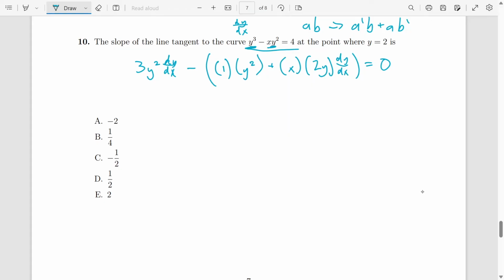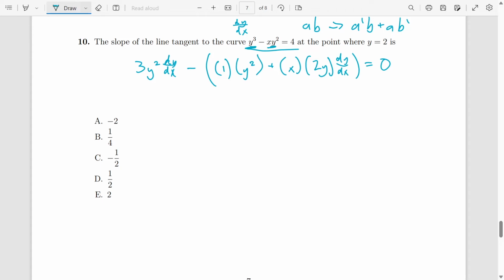Now what we want to do is plug in values for x and y and then solve for dy over dx, and that'll give us our answer here, our slope. The problem is that we only have a value for y. We don't have an x value. Really easy thing though, we can just plug in 2 into the original equation and get our x value if we solve for x.